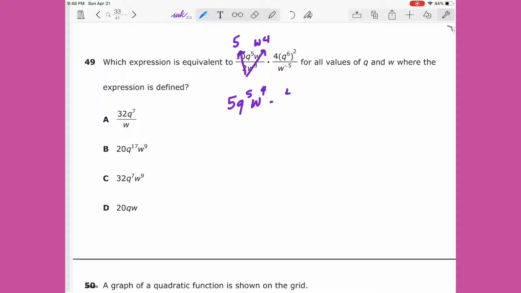So we've got 4q to the 6 times 2 will give me 12, over w to the negative 5th. Now I can move that w to the negative 5th up because it's negative. So now this is going to become 5q to the 5th w to the 4th, times 4q to the 12th times w to the 5th.